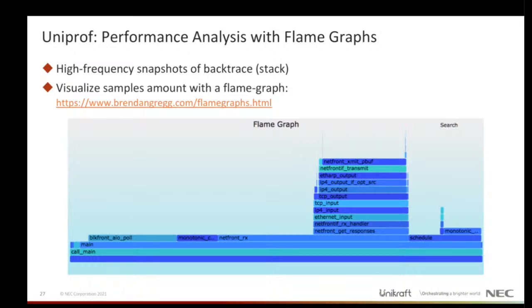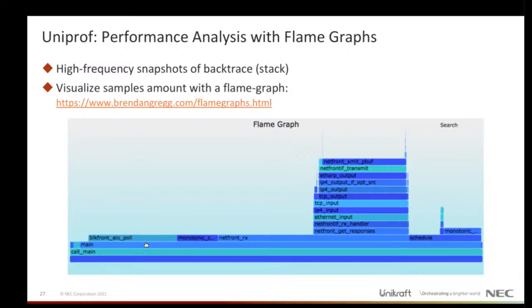Another nice tool regarding performance analysis is Uniprof. This is a tool that is based on a high frequency snapshot of your stack, or actually the backtrace of your stack, so that you know which function nesting was happening.